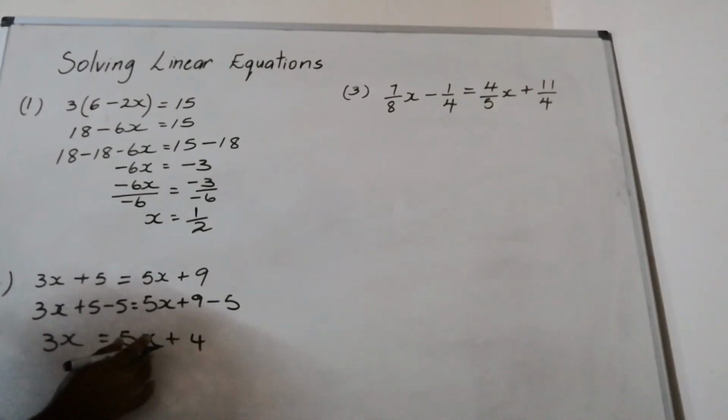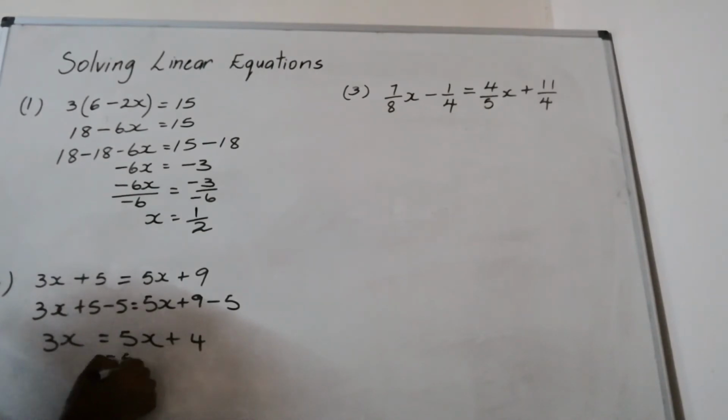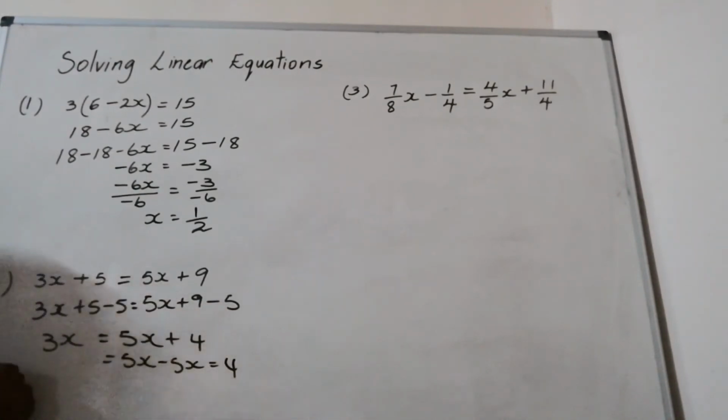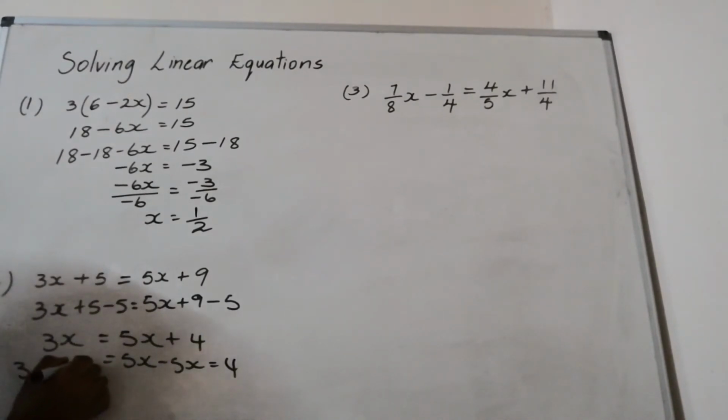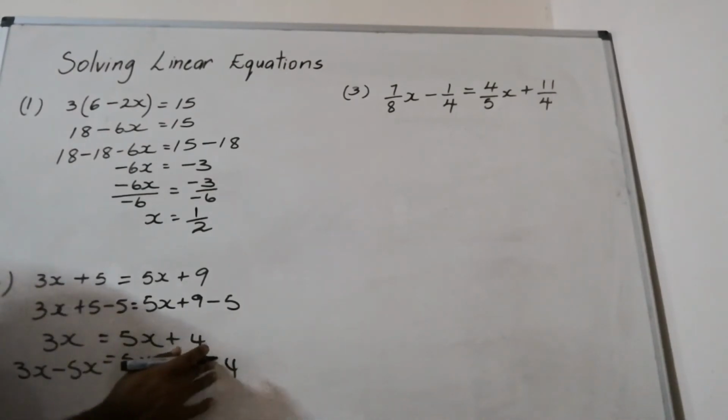Now we need our 5x on that side, so we'll have to subtract. So 5x take 5x is equal to 4, and since we subtract on that side, we must do the same on the other side. So 3x minus 5x is equal to 5x take 5x plus 4.